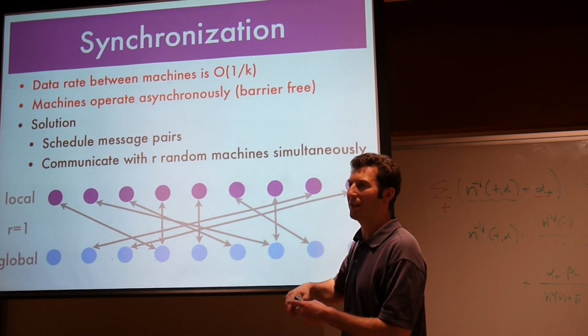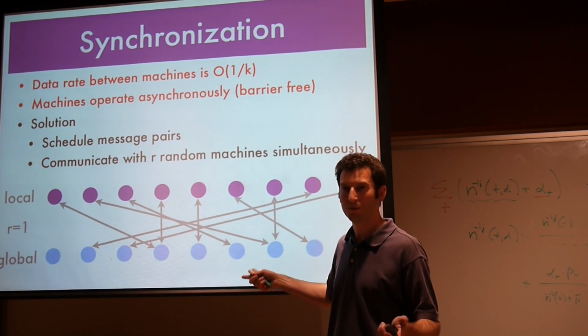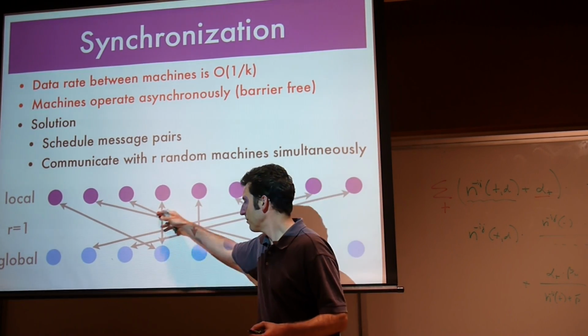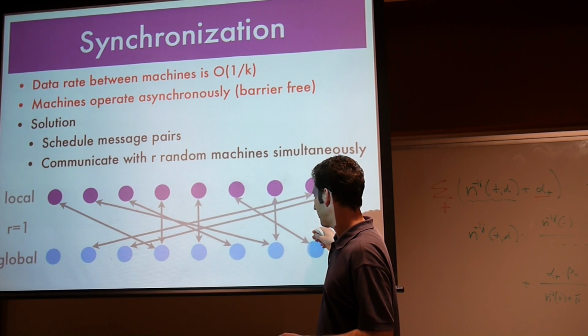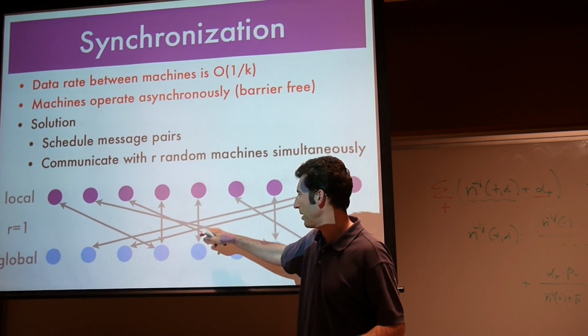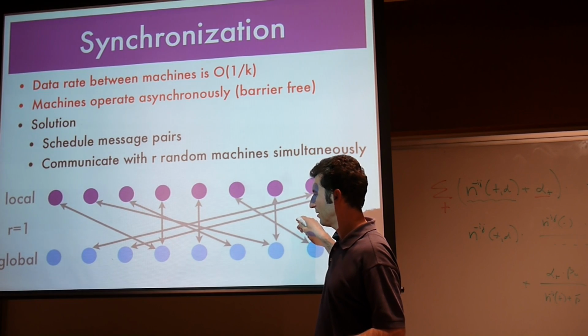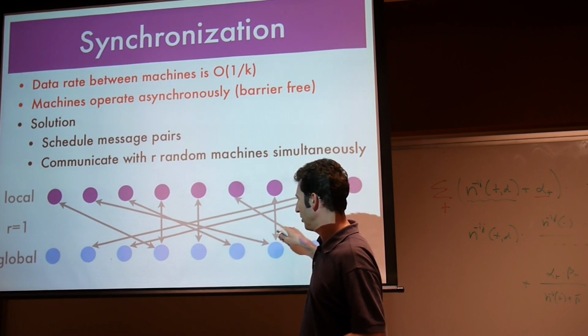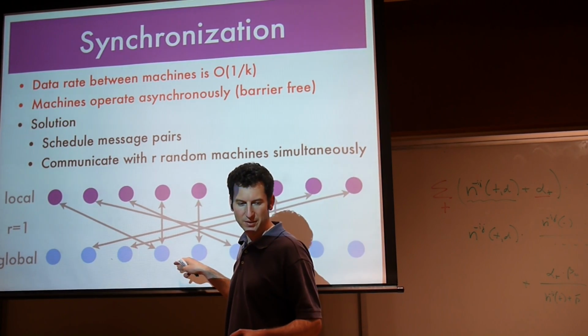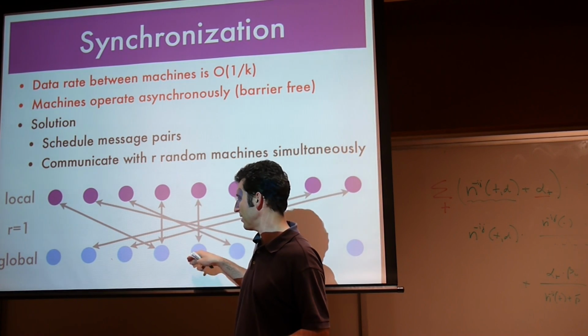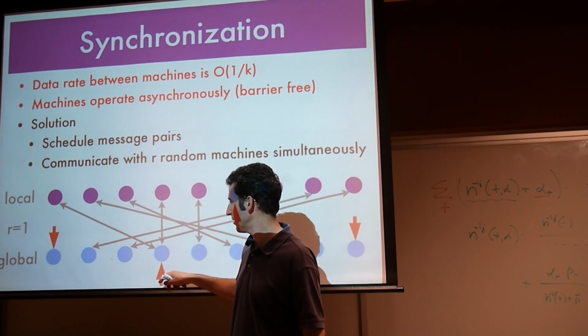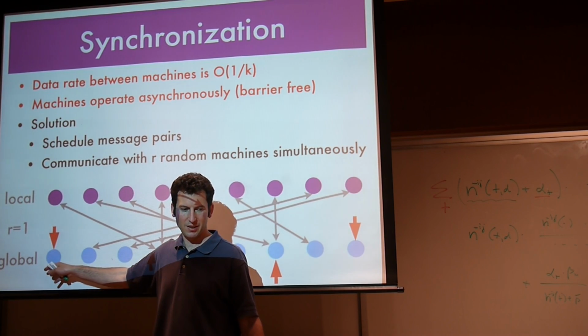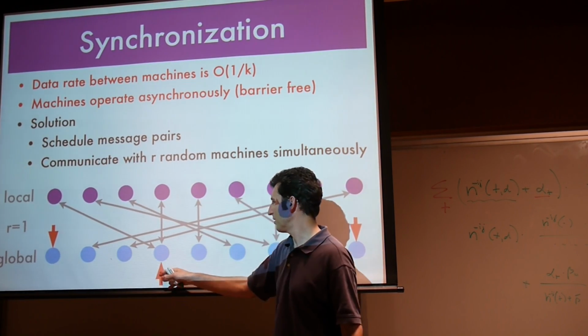It's not quite random, it actually picks a permutation to make sure we talk to all the machines, but what this does is it effectively means that we have a bipartite graph, except that at the global end, there are some machines that are being left out. So in this case, you can see that this machine didn't get anything, and this machine got 2 connections.